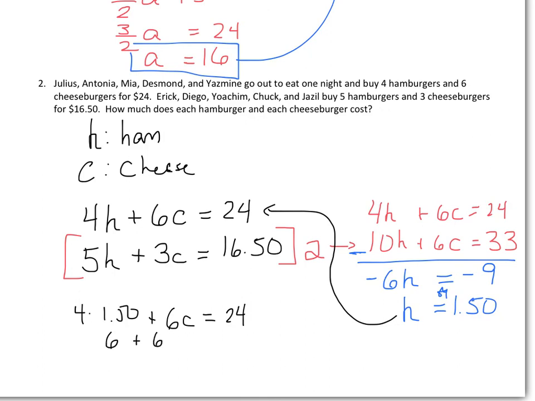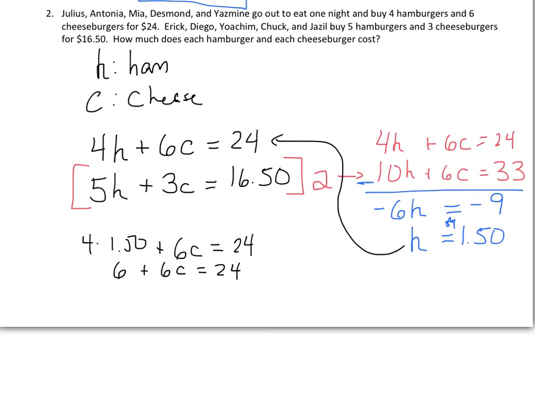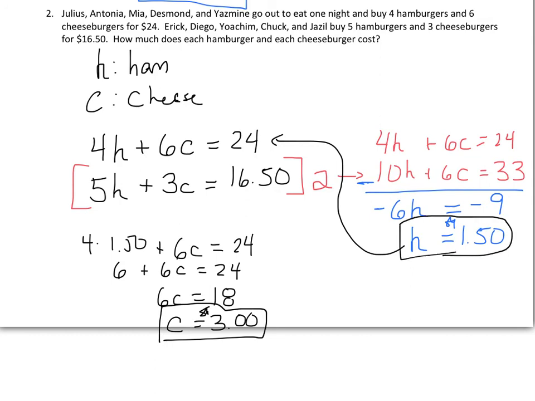So 6 plus 6C is 24. I'm going to subtract 6 from both sides. So 6C is 18. And a cheeseburger is $3. So it costs twice the amount of money to have a cheeseburger. That must be really good cheese.